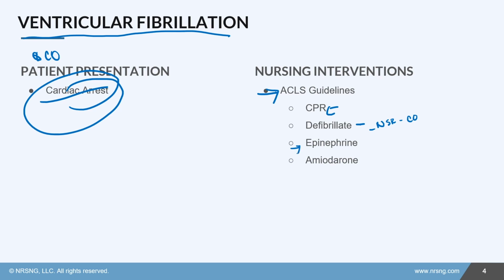We can give them epinephrine and we can give them amiodarone to try to get that rhythm to come back to a normal rhythm. Epi would be every 3 to 5 minutes, and amiodarone would be a bolus and then a drip. However, whenever people have VFib, the best chance that they have to convert to a normal sinus rhythm is getting defibrillated as soon as possible.